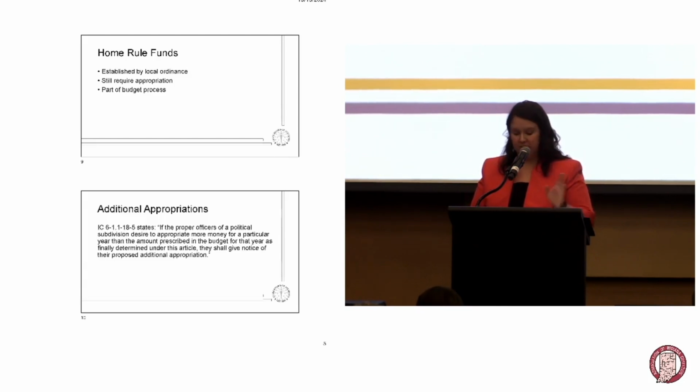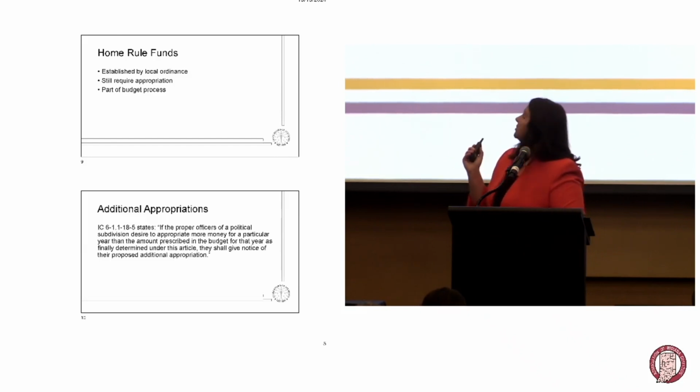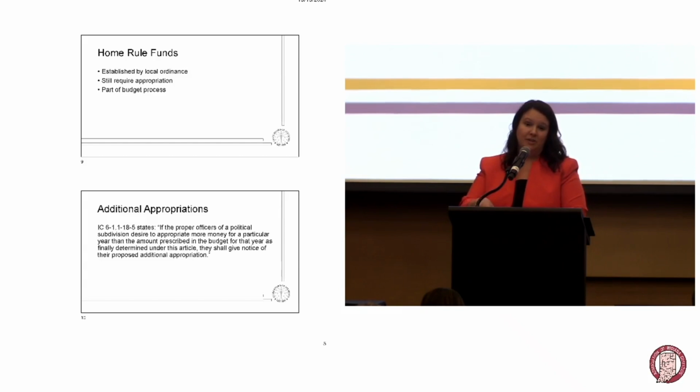No? Super clear. Okay, this next slide, can anyone tell me, without looking at your slides, what's the IC code for additional appropriations? Lori's probably the only one that can rattle it off, because you guys ask me about additional appropriations a lot. I think I send 5 emails with this statute a week.